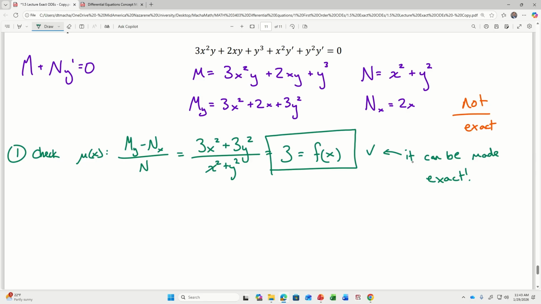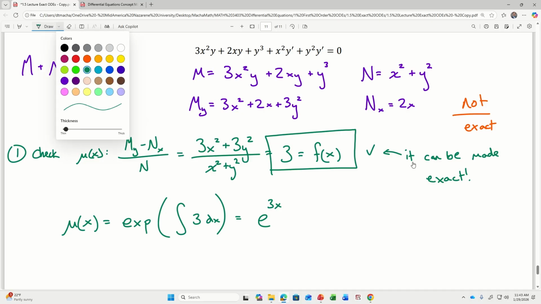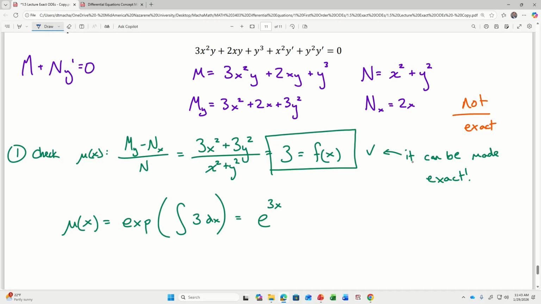And the way I make it exact is I choose the integrating factor that is the exponential of the antiderivative of 3. In other words, that's e to the power 3x. And now I go back to my original ODE, and I'm going to multiply everything by e to the 3x.